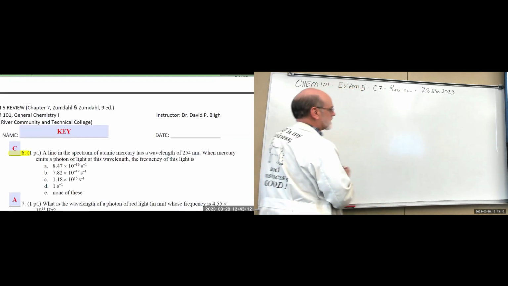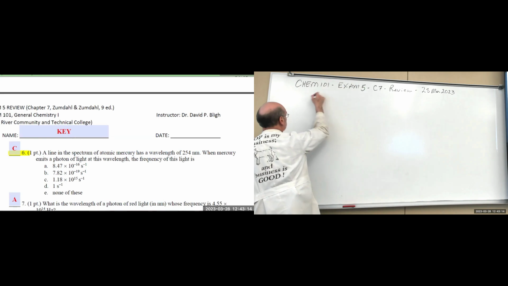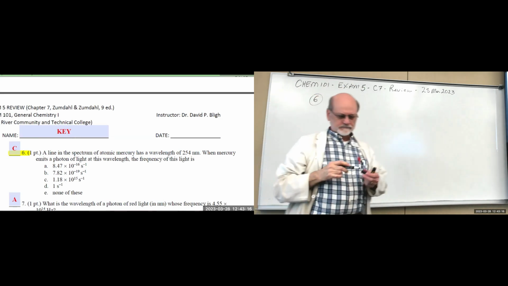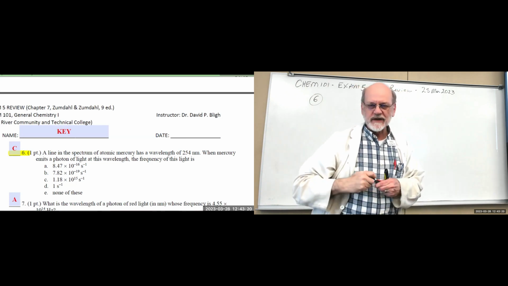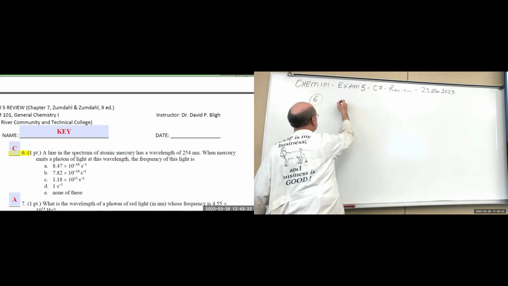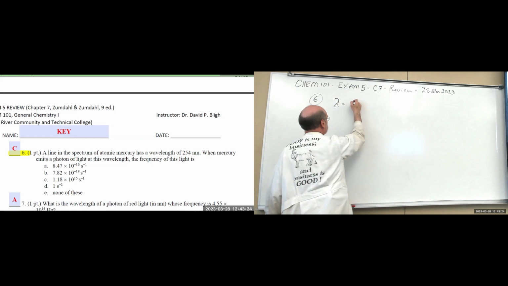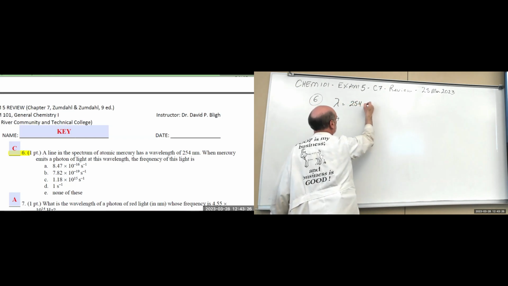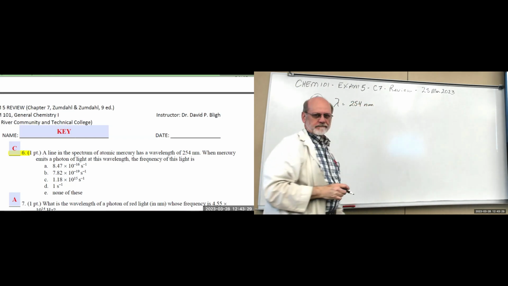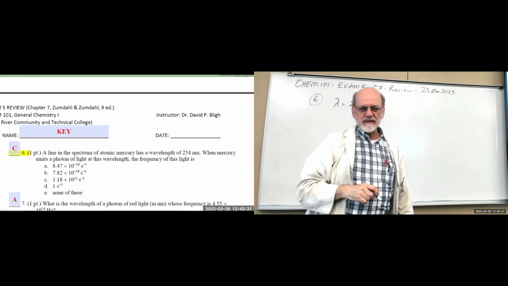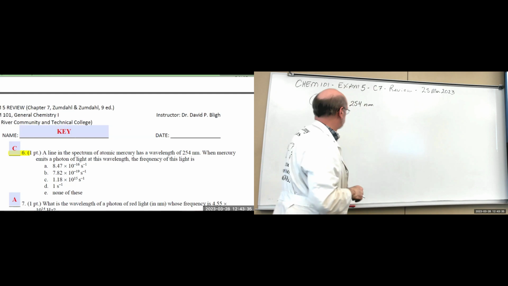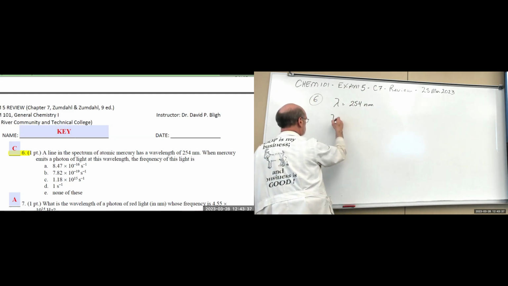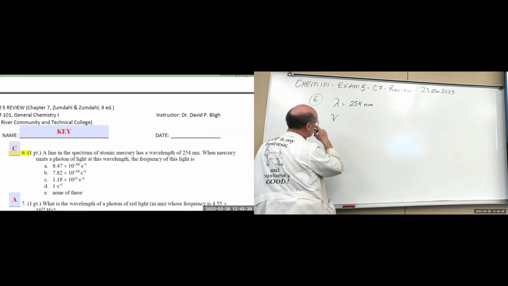Here we go, number 6. A line in the spectrum of atomic mercury has a wavelength of 254 nanometers. When mercury emits a photon of light at this wavelength, the frequency of this light is... So we're looking for that one.